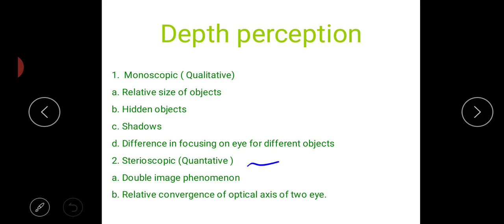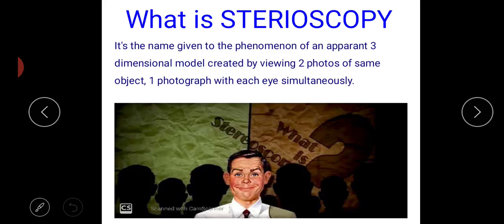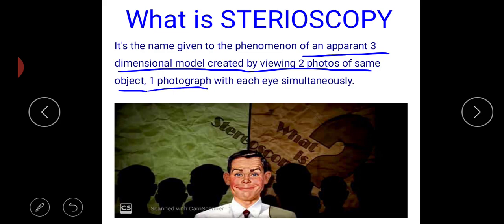We'll move to what is stereoscope. It is the name given to the phenomena of an apparent three-dimensional model created by viewing two photos of the same object, one photograph with each eye simultaneously.